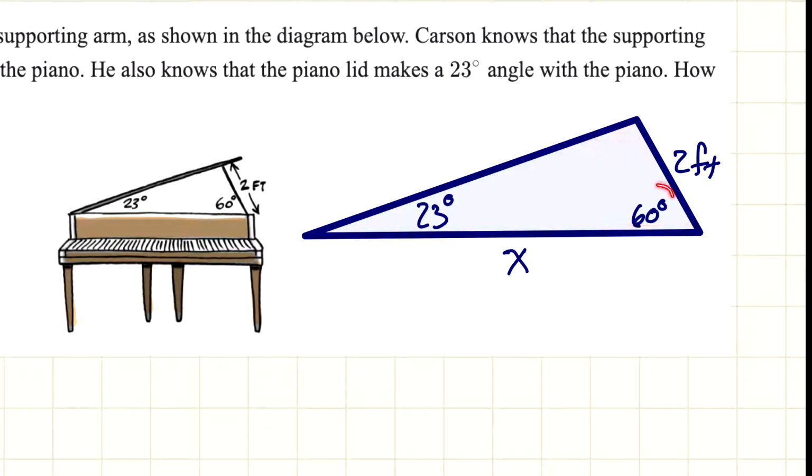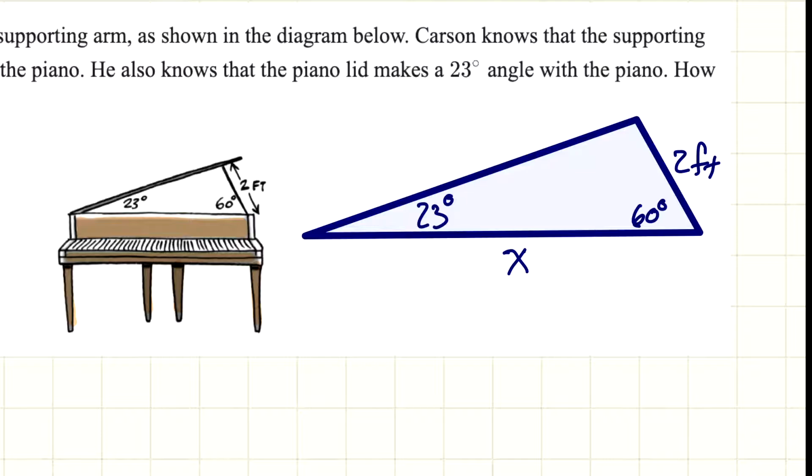So if this is 60 and this is 23, let me ask you this. What's the measurement of the third angle in this triangle? If you're not sure how to do that, all three of those angles should add up to 180.